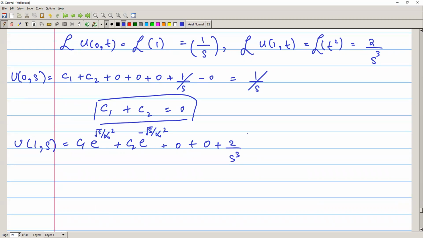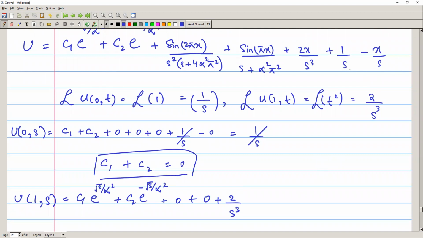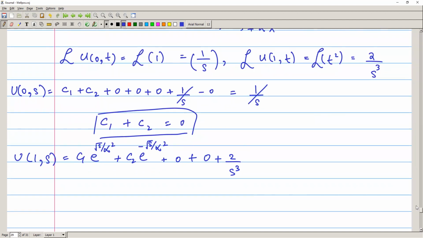And then we have 1 over s, and then plus 1 over s, and then minus x over s, so it will be 1 over s. That will be equal to this boundary condition, 2 over s cubed, right?